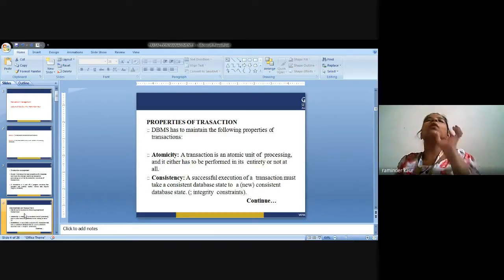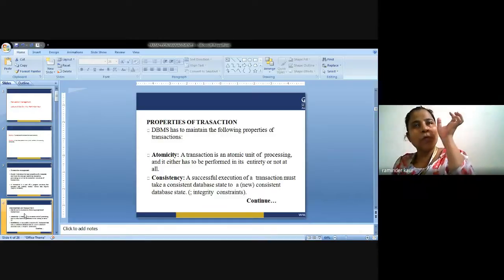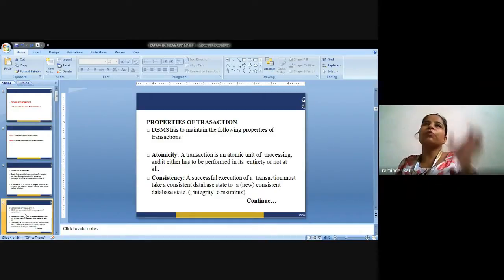You are supposed to commit the transaction in the end. But it could not be the case that after the first step you say that the transaction is committed. No, either you perform all these steps, or you do not begin it at all. So this is the main concern of atomicity.